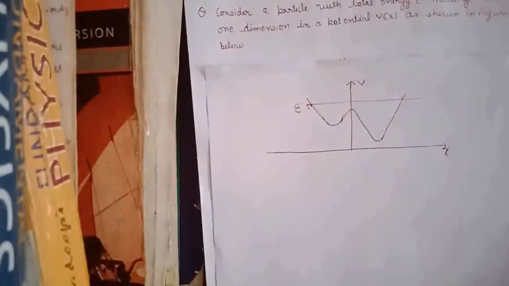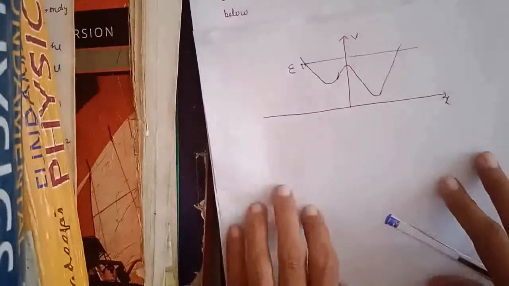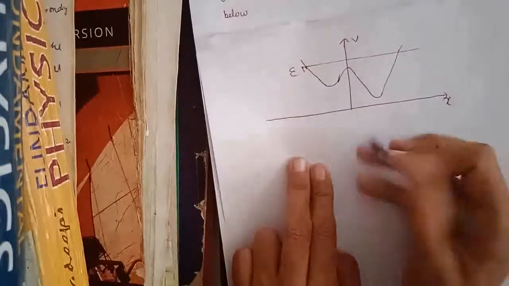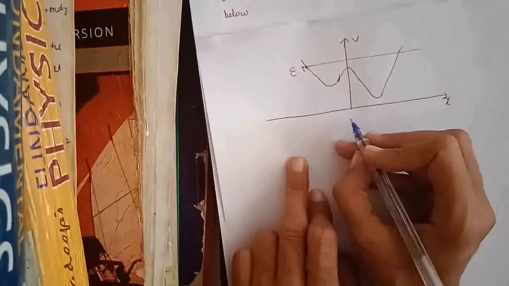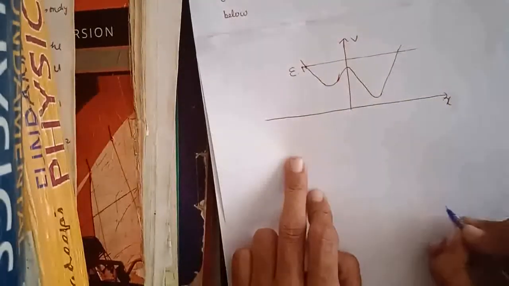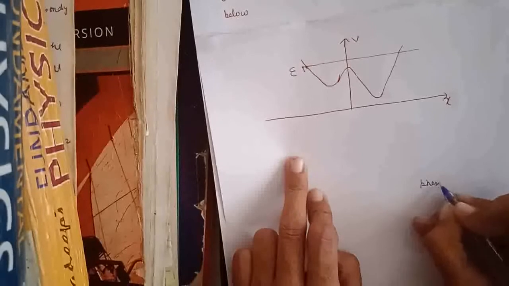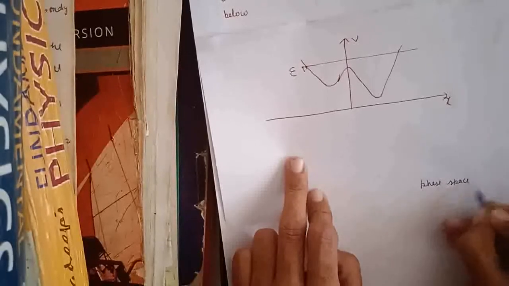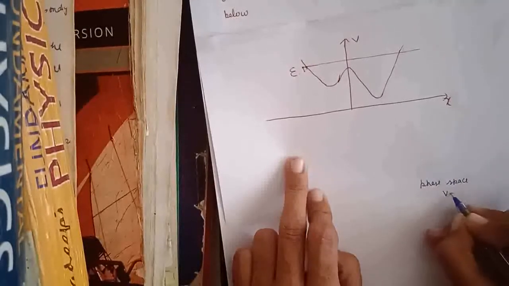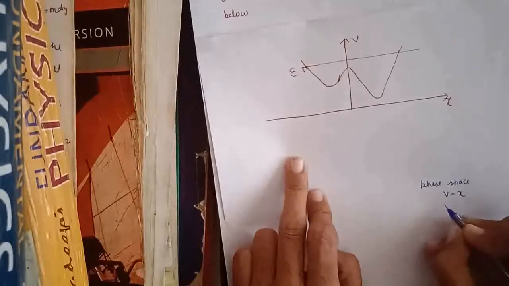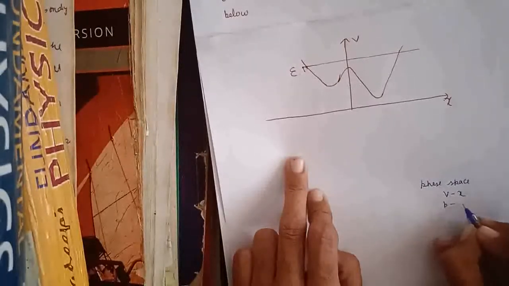See, what is phase space actually? Phase space is the graph of velocity and position, or we can say the graph of momentum and position.